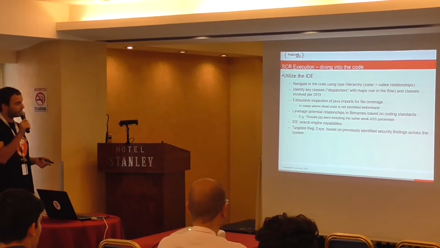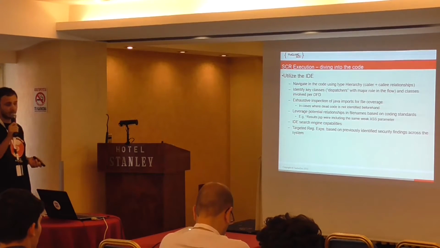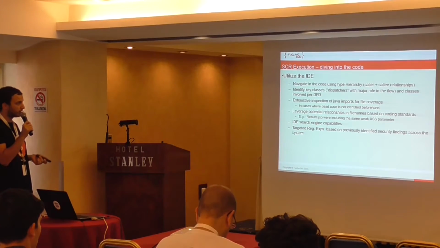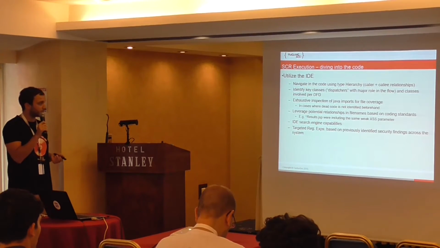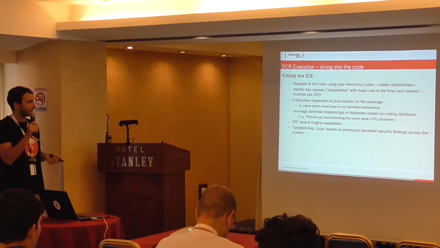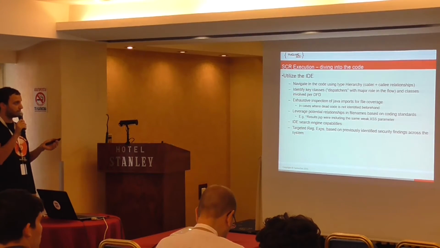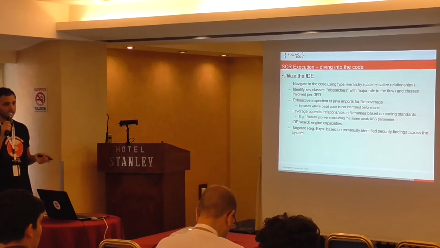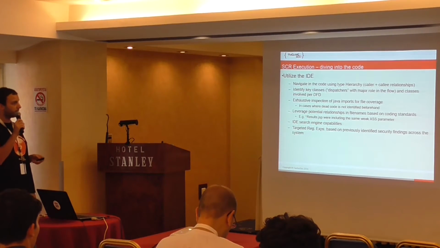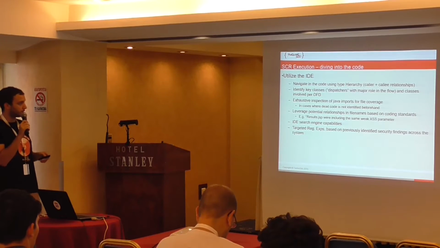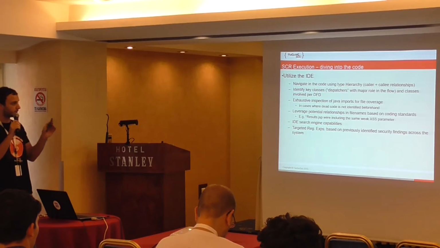In the actual source code analysis, you can utilize the development environment. In this manner, someone is able to use the navigation hierarchy to identify caller and callee relationships, just to make sure that the flow is proper, and also identify key classes.